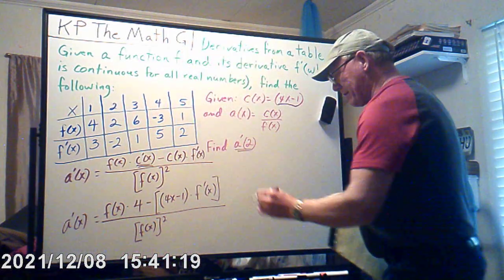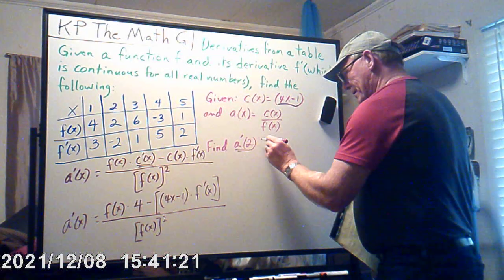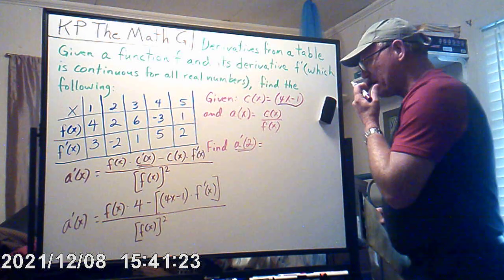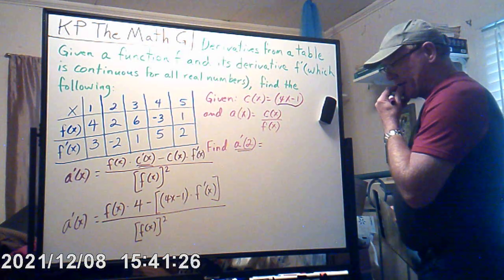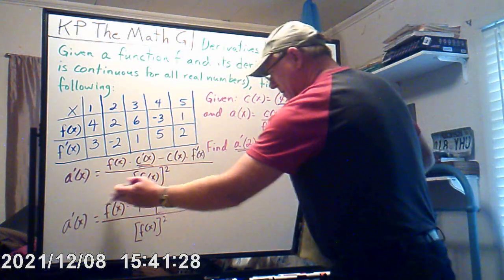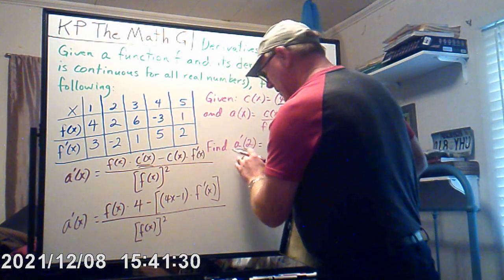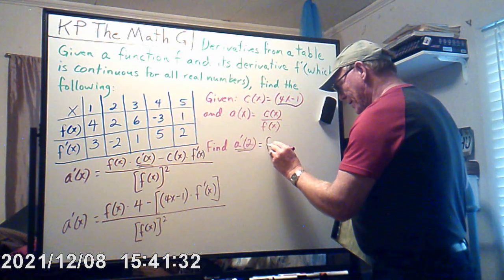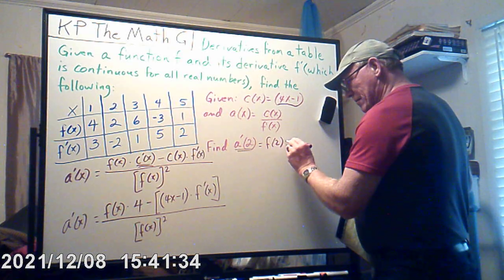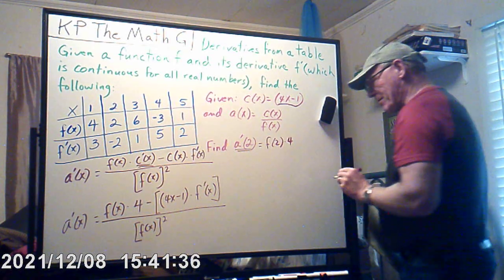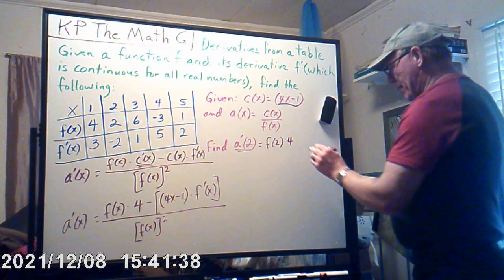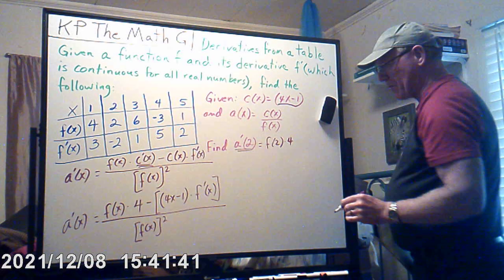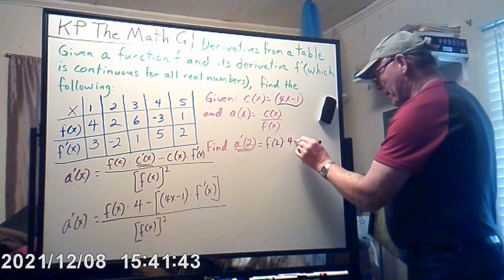Alright, so now a prime at 2, let's just go ahead and put it, this equals, a prime at 2 equals 4 times, okay, so we're going to put 2 in place of this, so alpha at 2 times 4. Well, I don't know if I'm going to have room here. Minus, I might not have enough room. Let's try it.